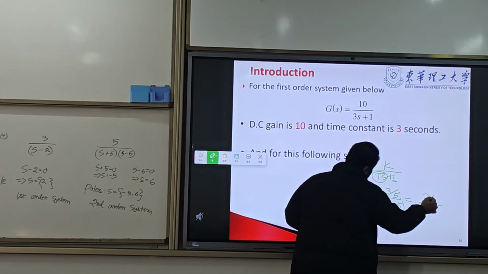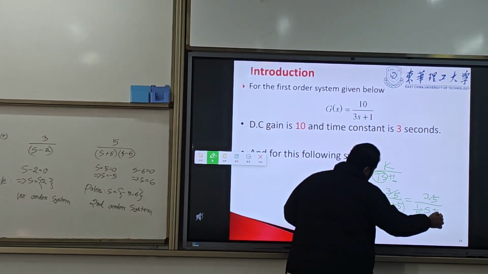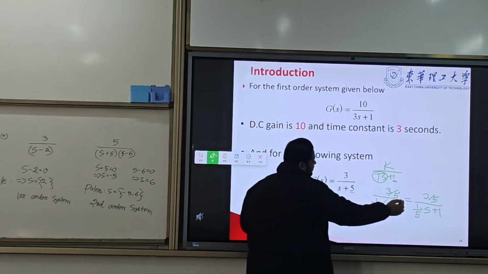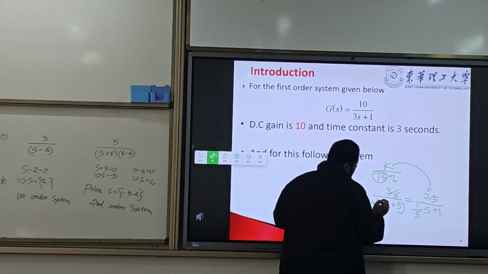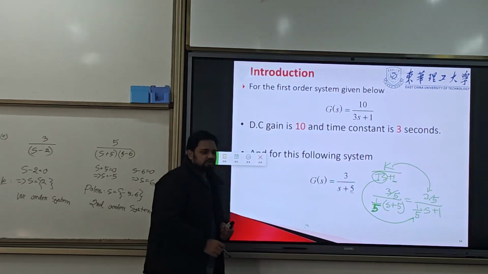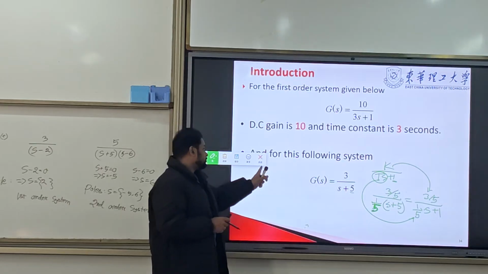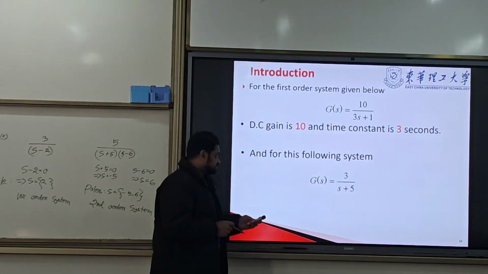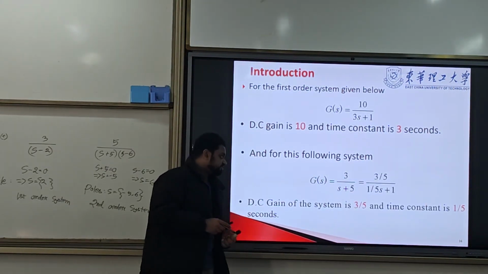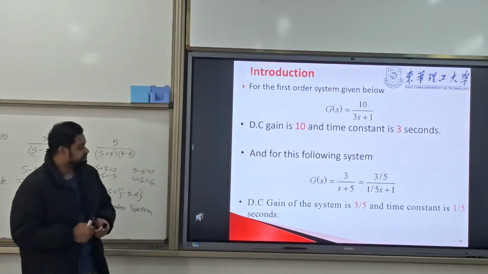So here we have 3 by 5, and here 1 by 5 into s plus 1. Now it looks like K is 3 by 5, T is 1 by 5. So K is 3 by 5 and the time constant is 1 by 5.